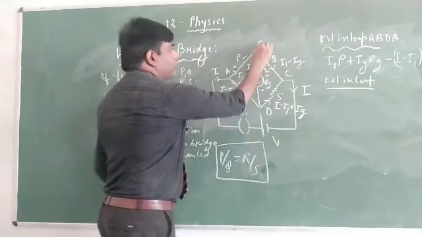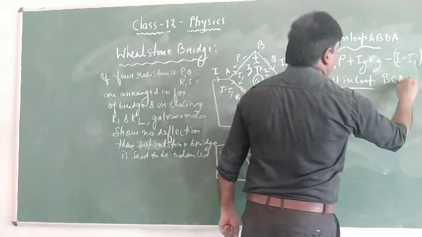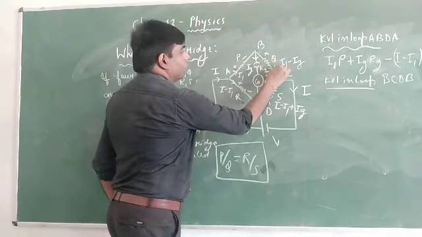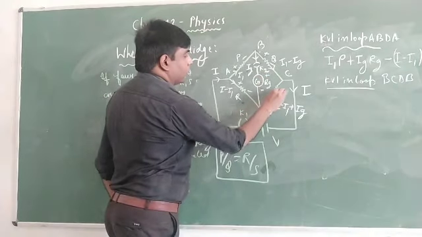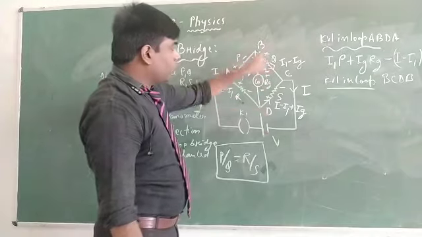Similarly, now I will apply KVL in this loop B, C, D, B. Again, see here, this current is coming here plus, it will be minus, here plus minus, here it will be plus and minus. Now you start clockwise or anti-clockwise. I am starting clockwise.